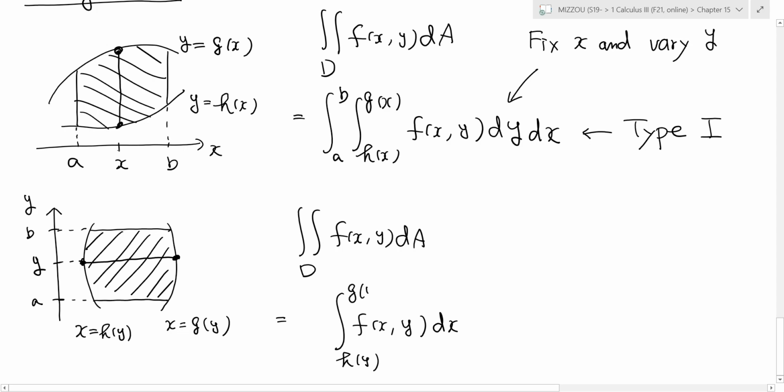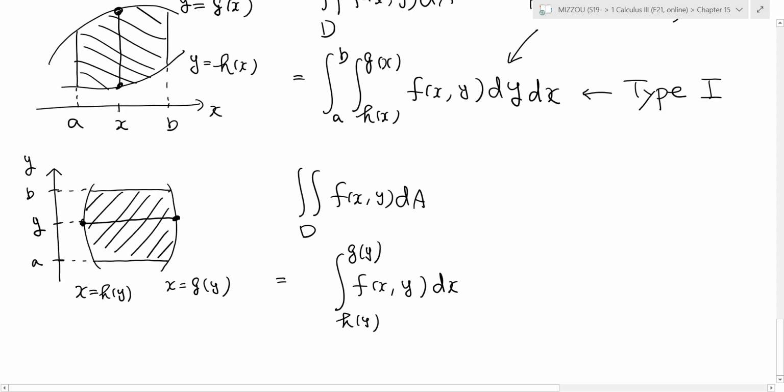If you carry out this integration, this is an integral with x, and you plug in those two x values. So after you carry out this integration, you'll be left with only y, no x. And then you integrate with y from a to b.